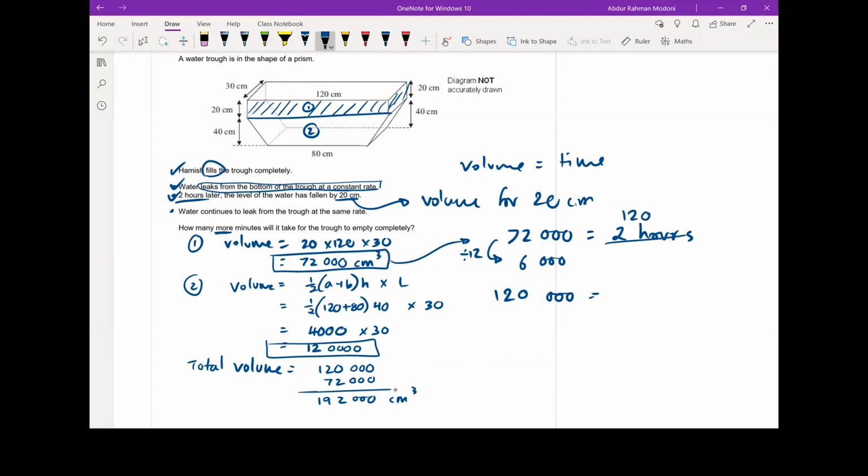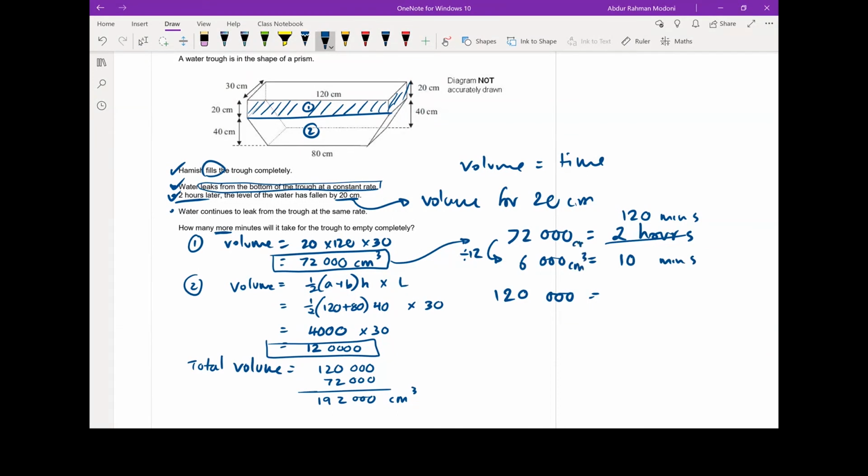I'll write down 120 minutes. Because with hours, if I divide by 12, I'll get a decimal. So it's okay to do things like that, where you write hours in minutes and convert back if you need to. So dividing by 12, 120 divided by 12, well, that's 10. So we can see here that it takes 10 minutes to get 6,000 centimeter cubed.